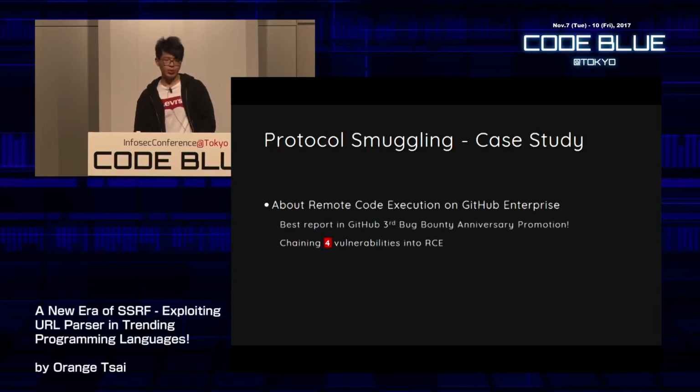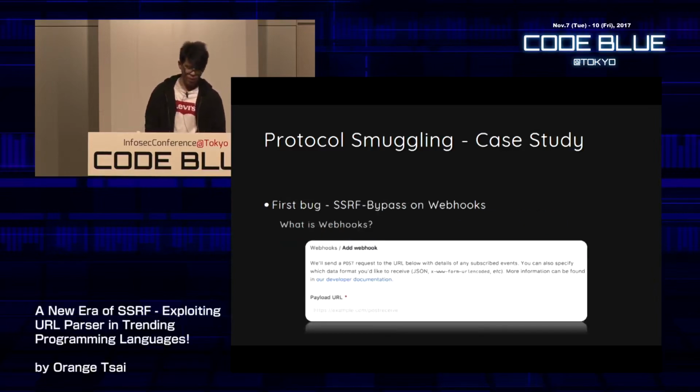In this case, I will show you a beautiful exploit chain that turned four vulnerabilities into a critical remote code execution. It also won the best report in GitHub's third bug bounty anniversary. While playing with GitHub Enterprise, I noticed there is an interesting feature called webhook.